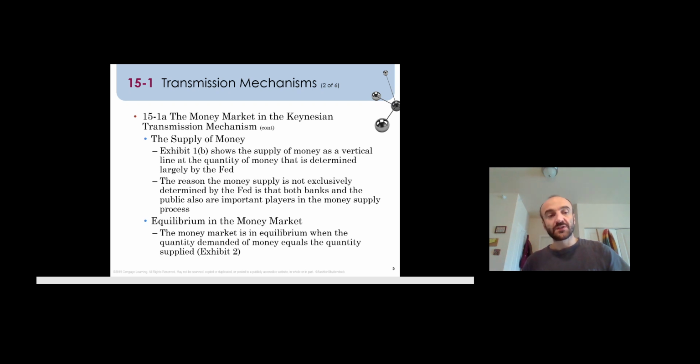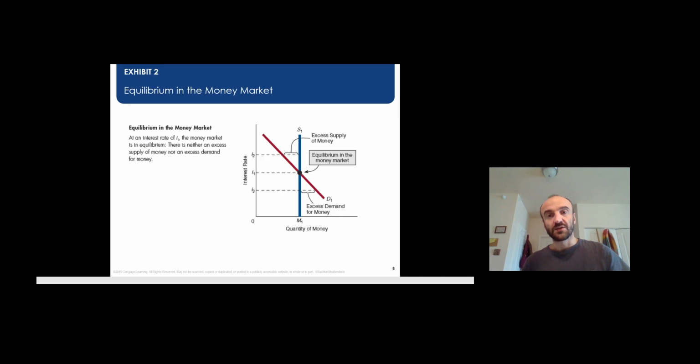Now we have another general concept of market analysis that we have to apply to the money market, and that's the concept of equilibrium. So what is the equilibrium in the money market? It's not terribly difficult to guess that this will be the situation of equality between supply of and demand for money.